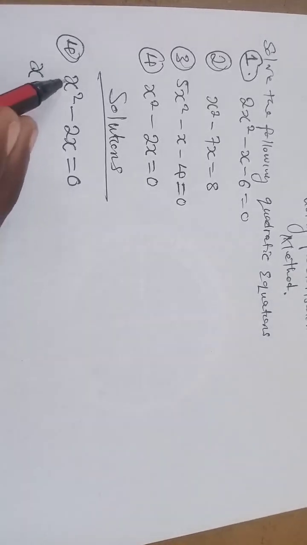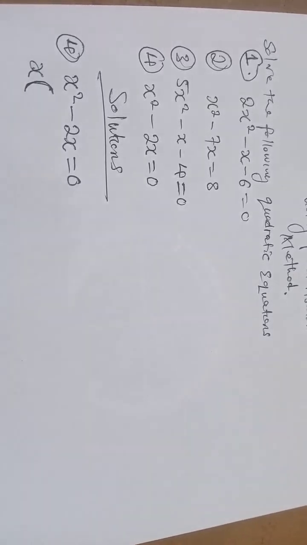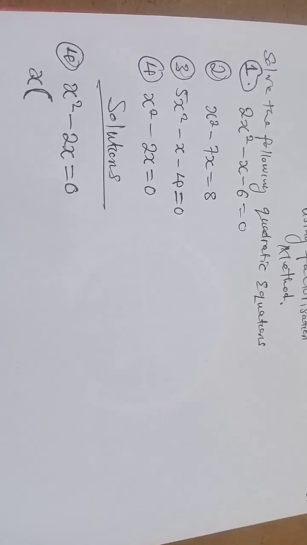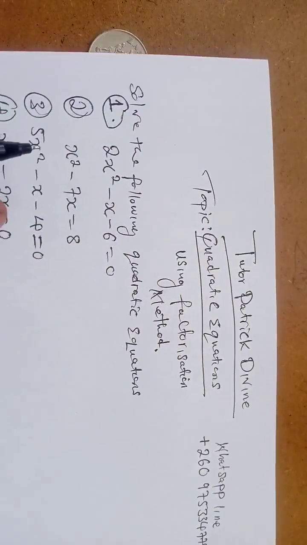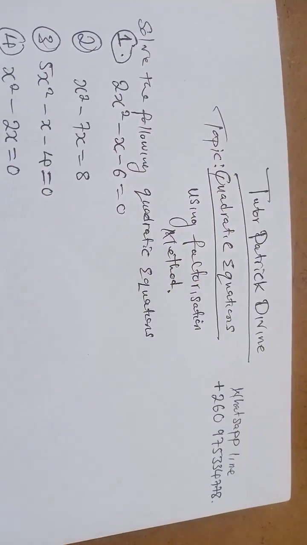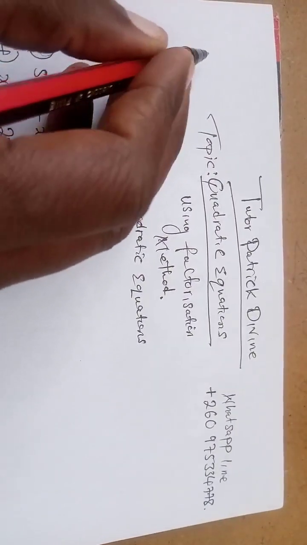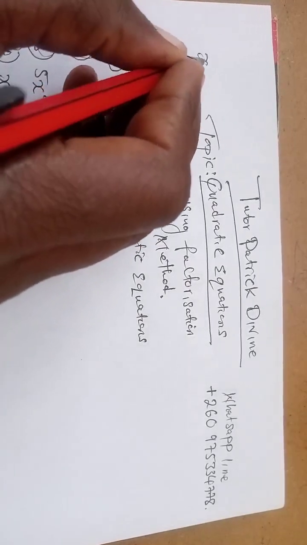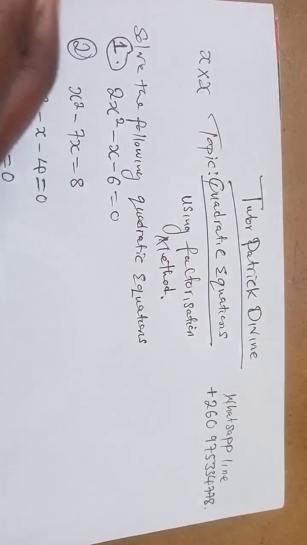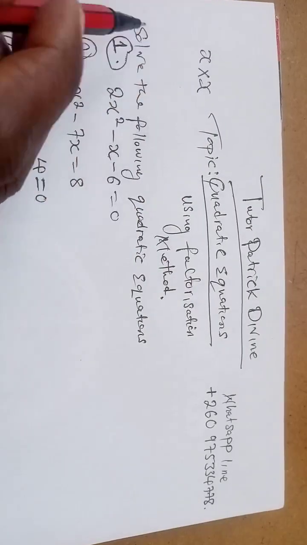So x can enter into this, which means it's just dividing. When it is entering into this, it is actually like cancelling. We are actually dividing like this. Let's take this one: x times x gives you x squared.